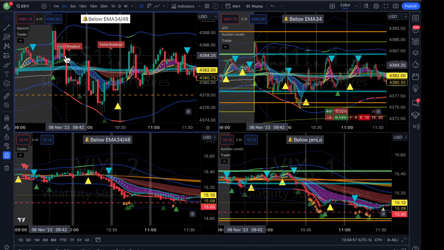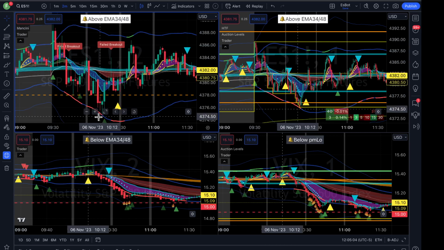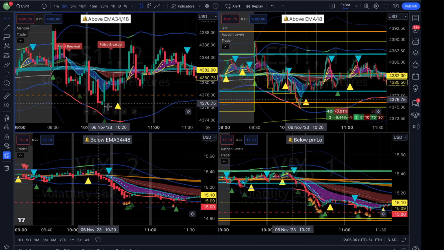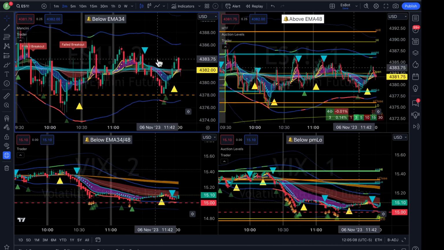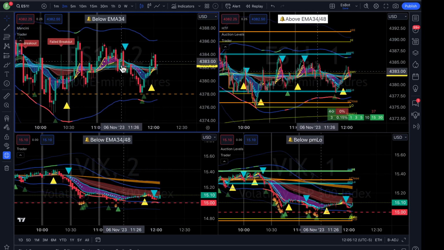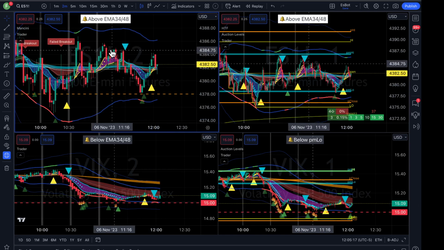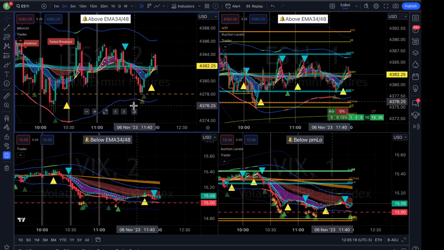At the VWAP you lock in most of your profits. Mean reversion says that, because the VWAP is the mean, we're going to bounce between the bands and the VWAP.